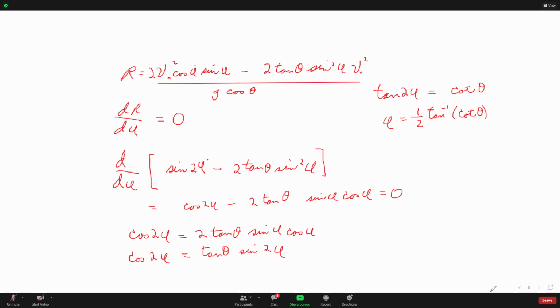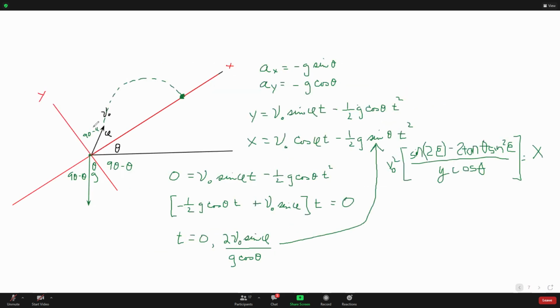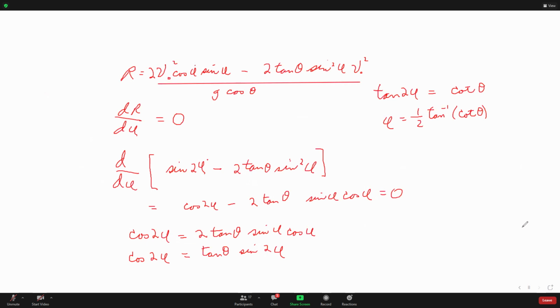So for this problem of shooting a projectile up the slope, we have the range given by this equation, and the maximum range occurs when phi equals this value. But we can write this in another way. It turns out the inverse tangent of the cotangent of theta is pi over 2 minus theta.